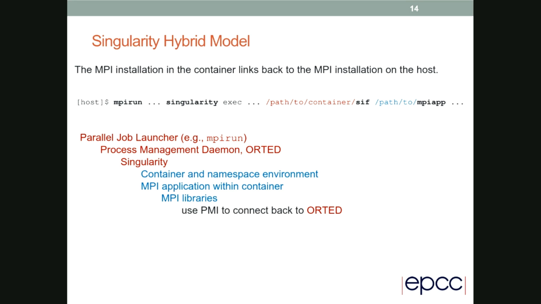I think that acronym is peculiar to OpenMPI, but in any case, there's some kind of management daemon which will then launch Singularity, and it's Singularity that instantiates the container and the namespace environment, controlling what the container can see on the host, and then also launches the MPI application. The MPI application will then load the MPI libraries that are inside the container. And those libraries will then use a process management interface to link back to the MPI management daemon that's running on the host.